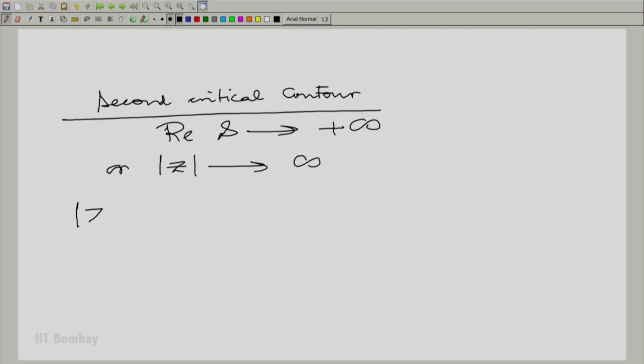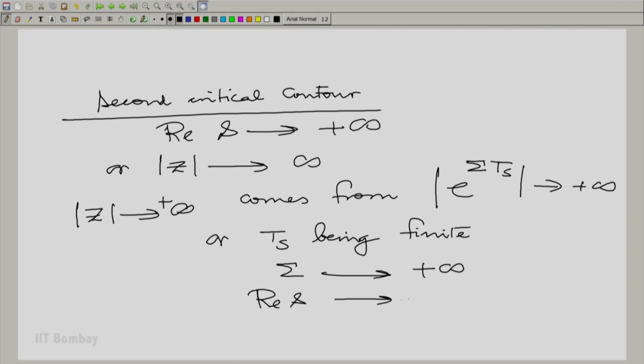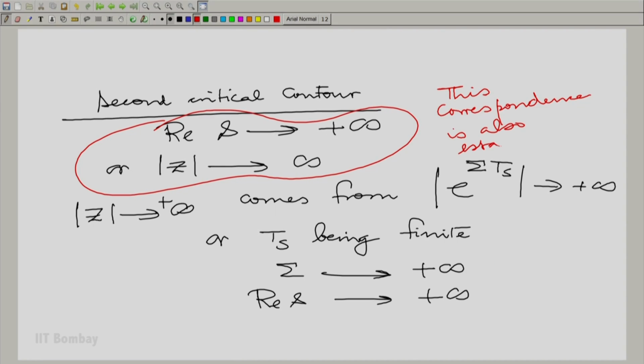You see, mod z tending to infinity comes from, of course it has to be plus infinity, mod e raised to the power sigma Ts tending to plus infinity, or Ts being finite, sigma tends to plus infinity, and that is essentially the real part of s tending to plus infinity. So, that means this correspondence is also established.